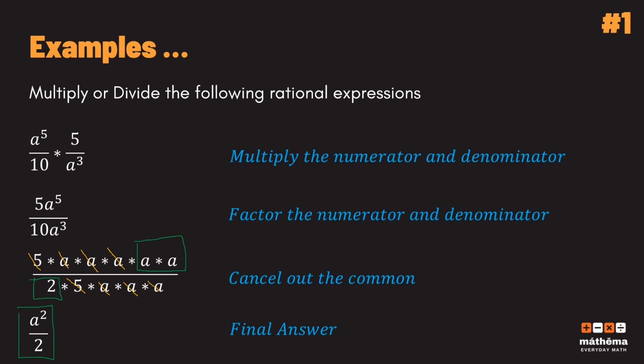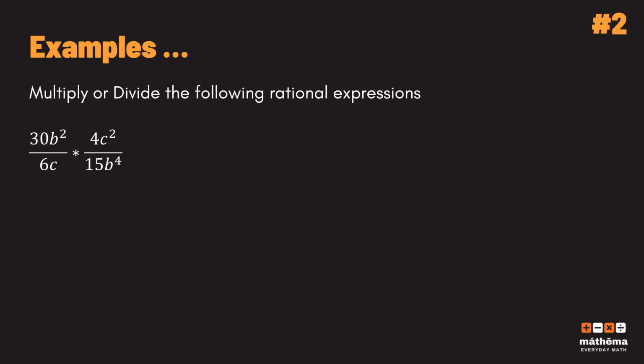Next example, 30b squared over 6c times 4c squared over 15b to the fourth power. Again, we multiply the numerators and then the denominators.